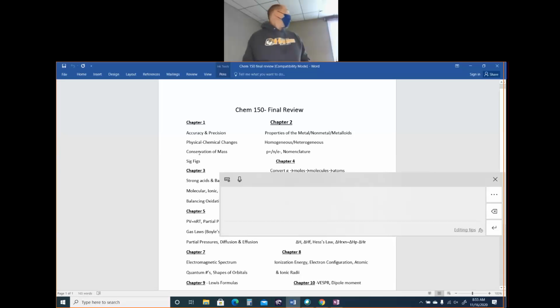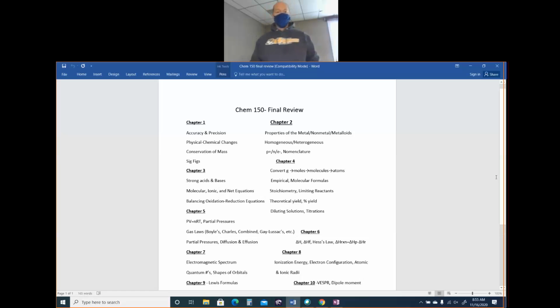All right, so you have to know the difference between accuracy and precision. Remember, accuracy, if you're doing an unknown, is how close you are to the correct answer. If you have the right answer, then you're very accurate. Precision is how close your results are for all three runs. If they're all three the same, then you have good precision.